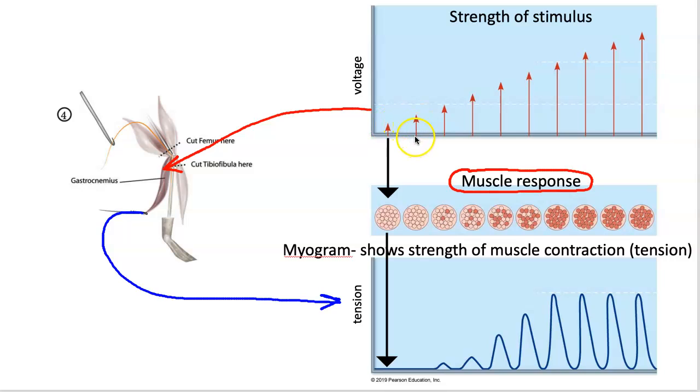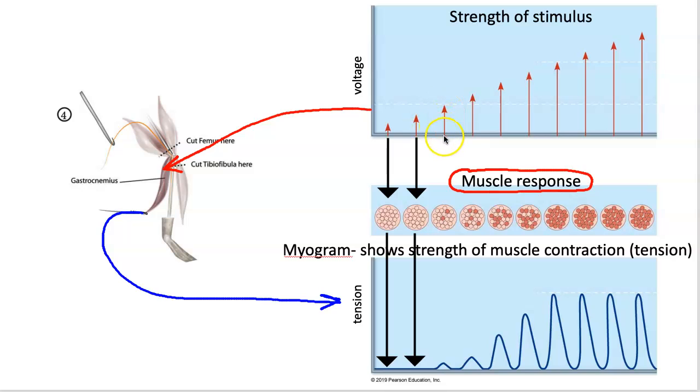Here, we're increasing the voltage a little bit, and so let's see what happens. According to this picture, it looks the same. Looks like no muscle cells are contracting. And when we look at the myogram, same thing. Zero tension is developed. And so these two stimuli did not evoke a response from the muscle. So let's try it again.